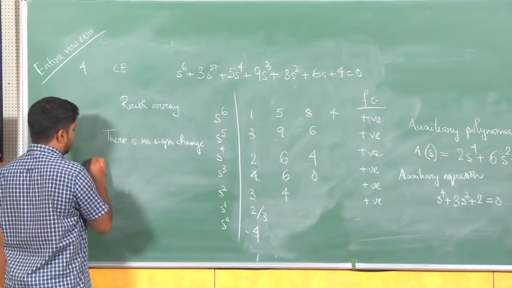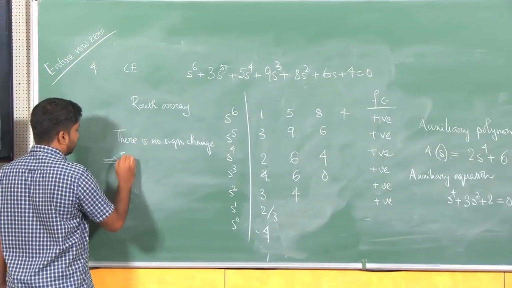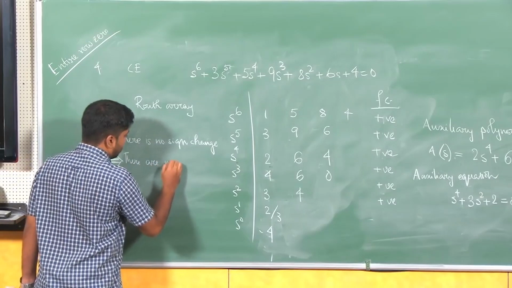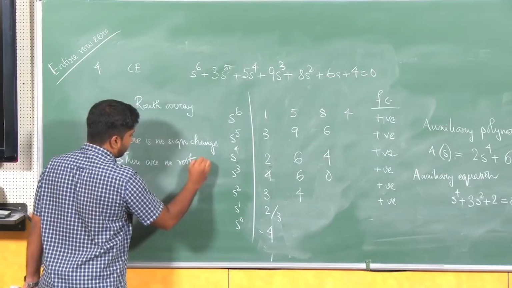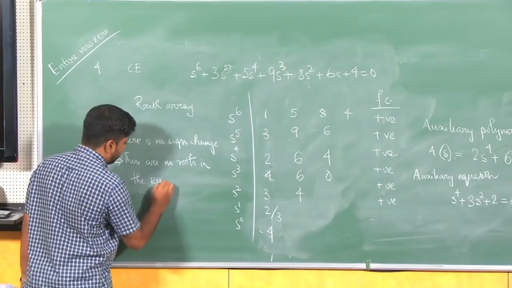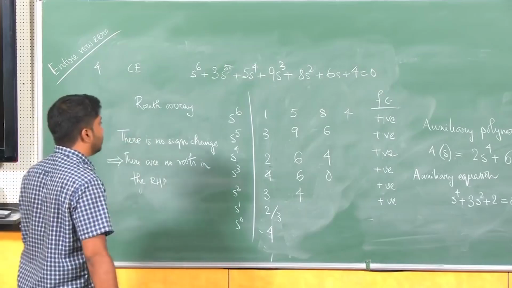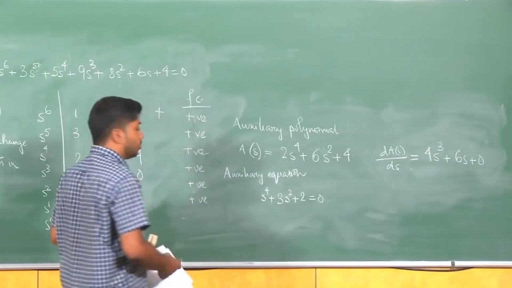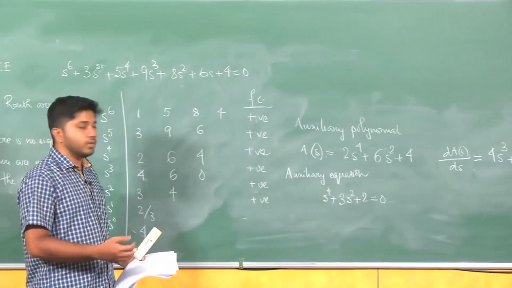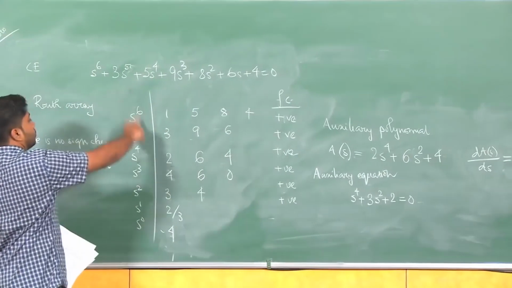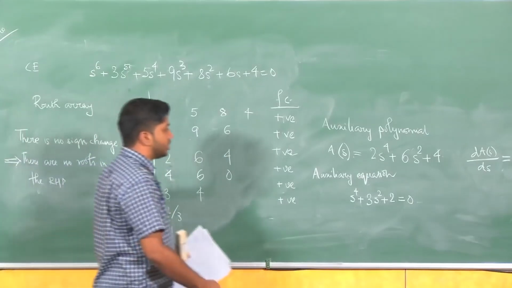That means there are no roots in the right hand plane, but we can't determine the stability of the system, we need to find out the roots of the auxiliary equation, because we learned that the roots of the auxiliary equation are also the roots of the characteristic equation. So, the roots will determine the stability.